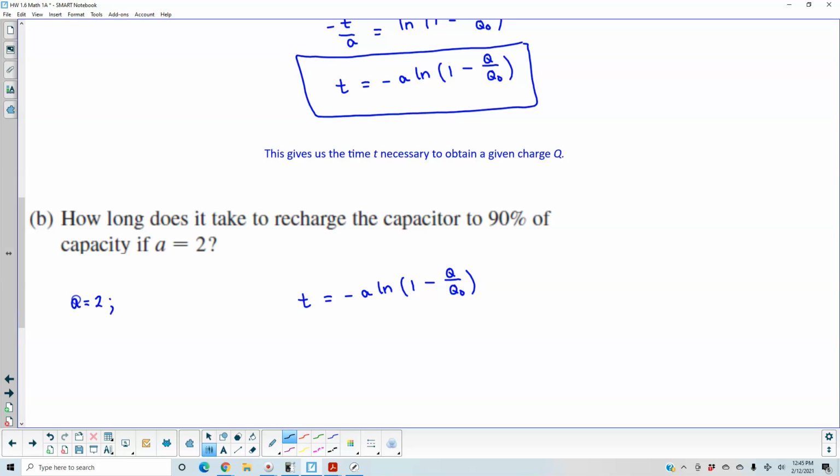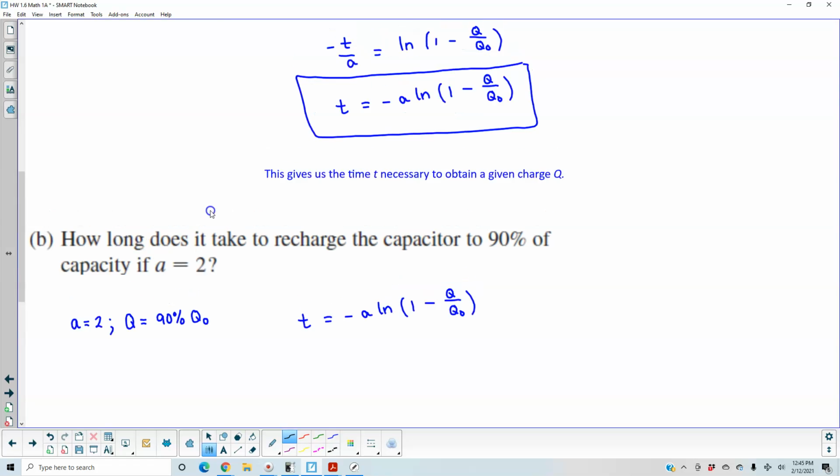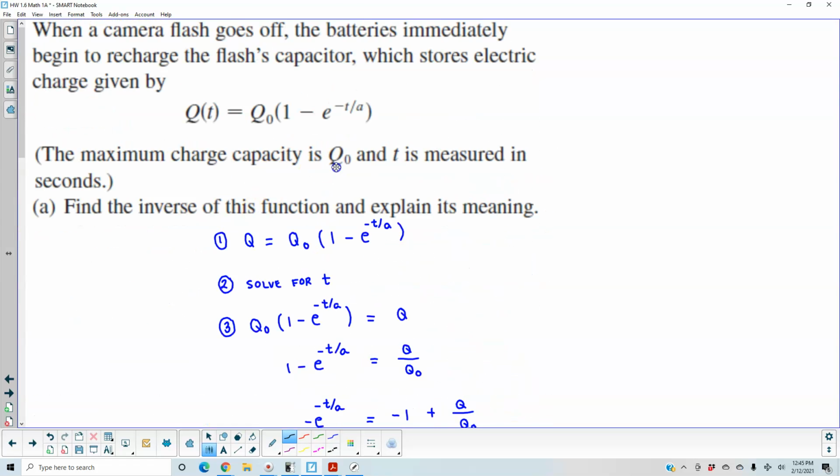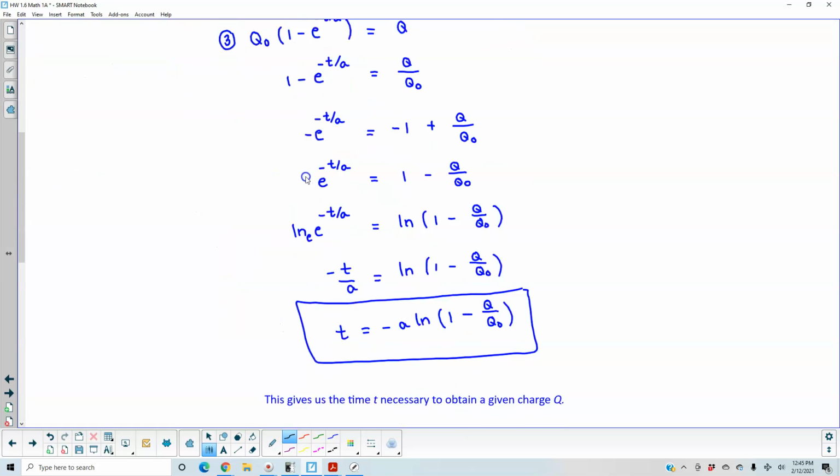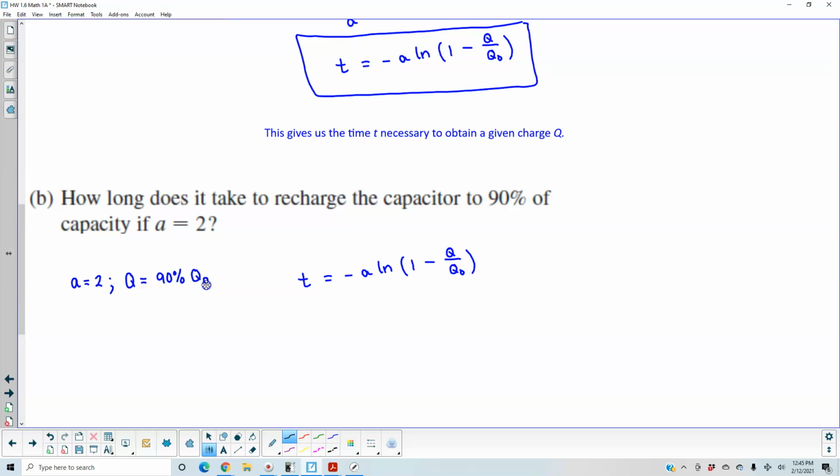And then we also know that q is equal to 90% of q subscript 0, because remember that q subscript 0 up here is the maximum charge capacity. So if it's 90% of q subscript 0, then that means you have 0.9 times q subscript 0.